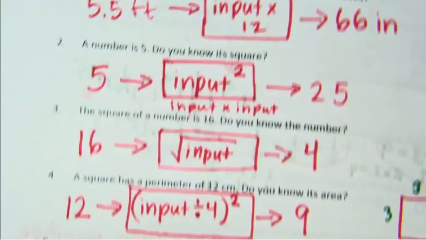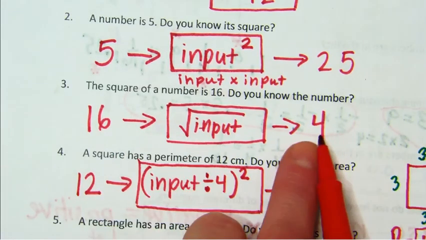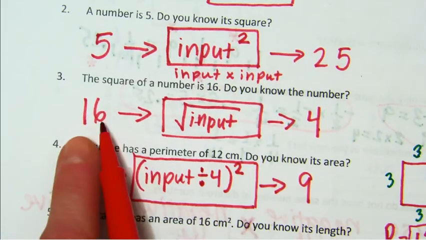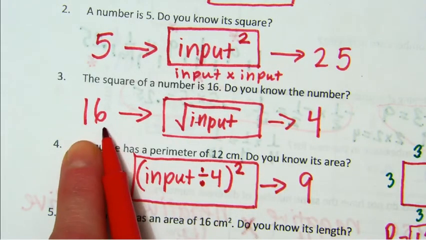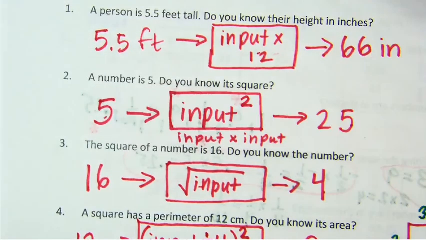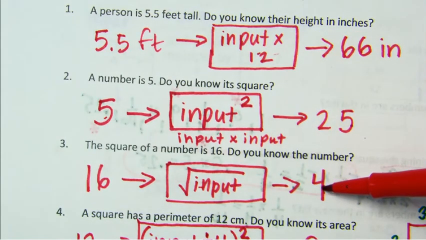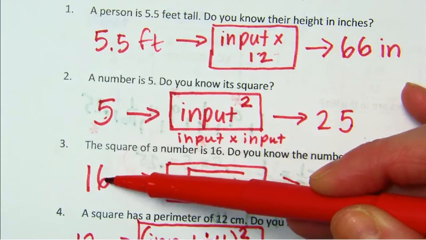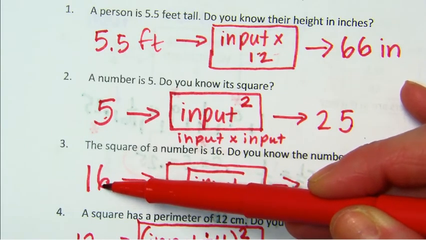On number 3, we're saying this number depends on this one, right? So this number here depends on this number here. We said that before too. 25 depends on what 5 is. 66 depends on what this is. This number is our output, right? What math word have we been using for this original number?